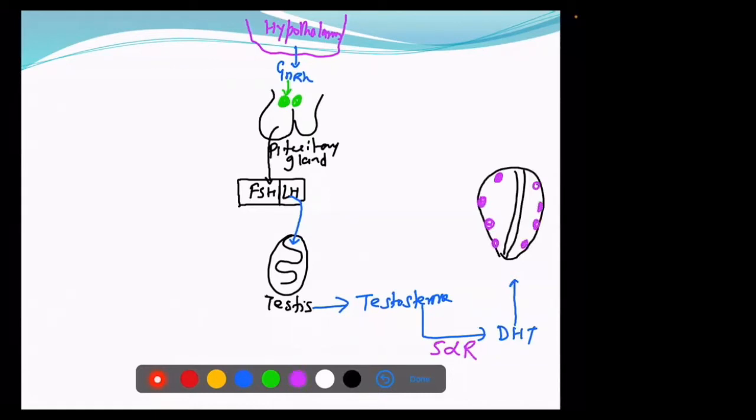The cancer cells and the normal prostatic cells both grow under the influence of dihydrotestosterone. So you can say that prostate cancer is a hormone dependent cancer.